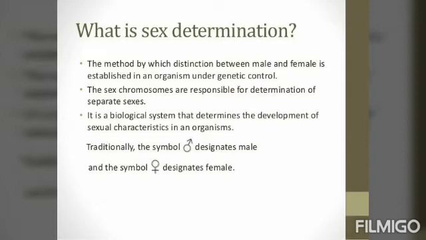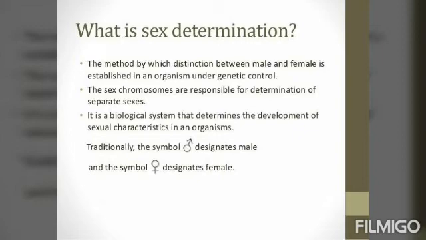Sex determination is the method by which the distinction between male and female is established in an organism under genetic control. The sex chromosomes are responsible for determination of separate sexes. It is a biological system that determines the development of sexual characteristics in an organism. The mechanism by which the sex of an individual is determined as it begins life is called sex determination.